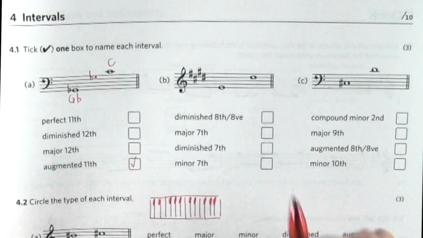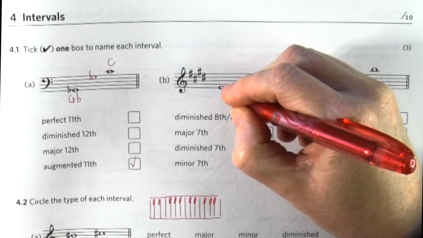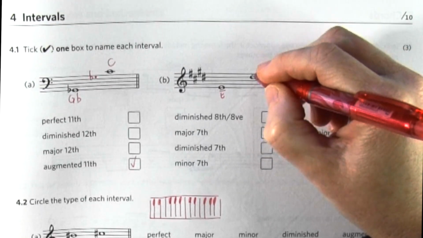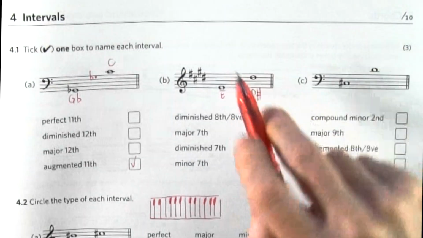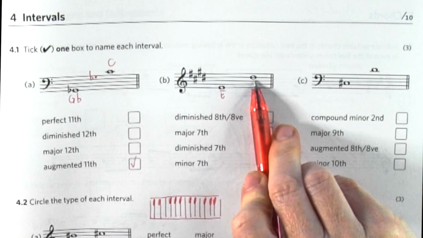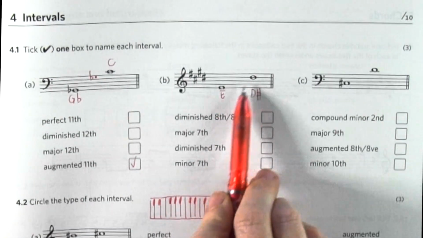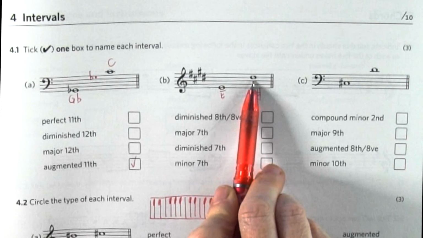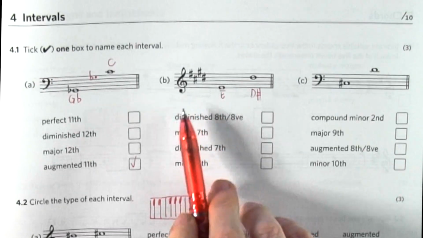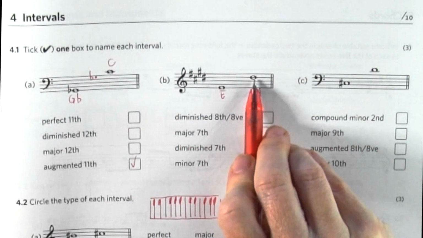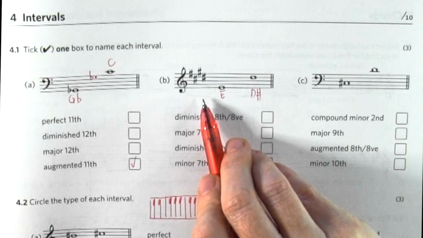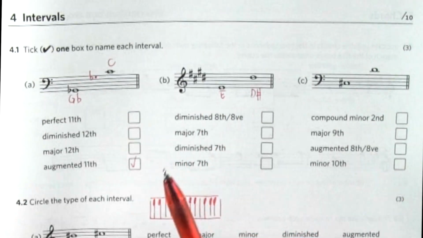Next one. We have Mi and we have D sharp. Did you guess that this was sharp? Let me know. This is a typical mistake. This is a 7th, and to identify the 7th, I've sort of invented, well, I didn't invent anything, but the flipping over technique, which you will find in the ebook, by the way.